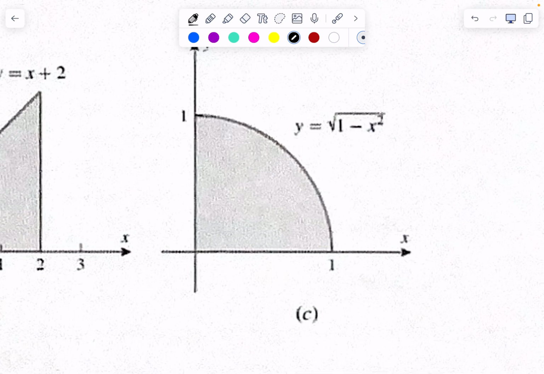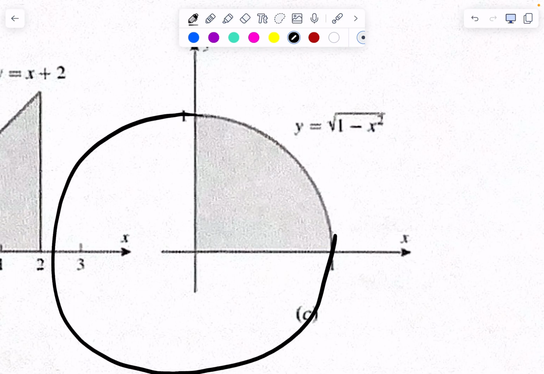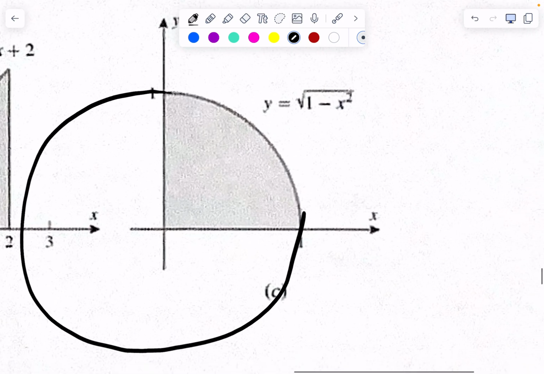It's like a semicircle, or actually a quarter of a circle. If you went back, you would see it making a circle all the way around. So it would be a quarter of that circle. I'm just thinking of what the answer would be.